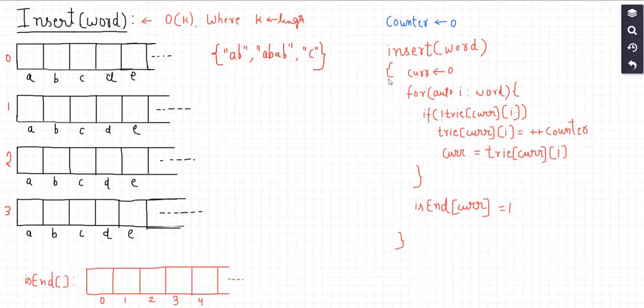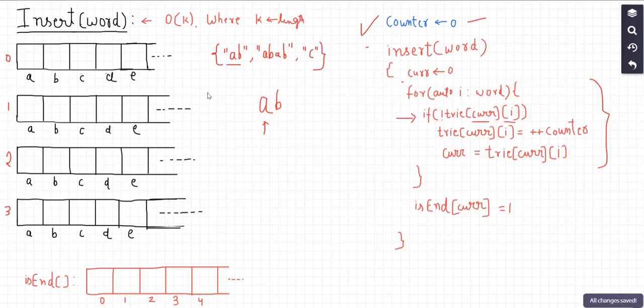So this is the trie, and this is how an insert function looks. First of all, I declare a counter variable, initialized with 0. Then inside the insert function, I use a current variable, initialized to 0. I iterate over the word which I want to insert. Let's say I want to insert AB. I am standing at the first character of the word, and current is 0.